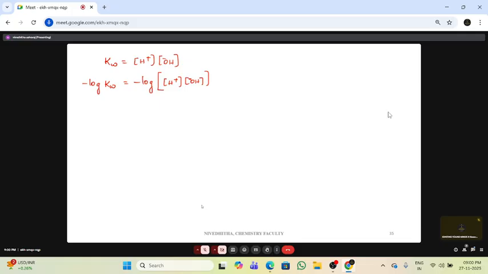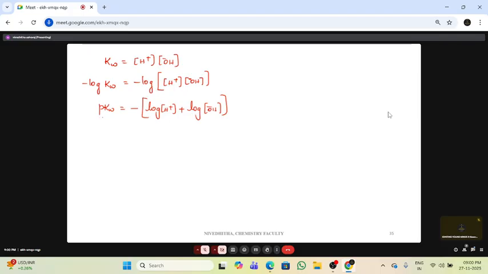What is minus log of Kw? It is pKw, right? And this is like log of A into B, which can be written as log A plus log B.